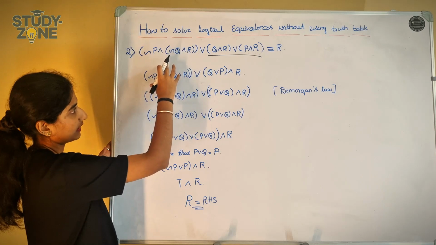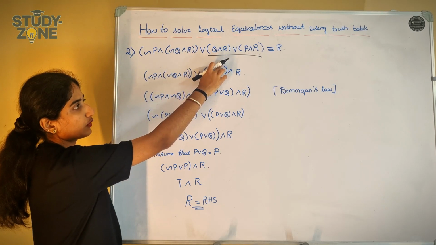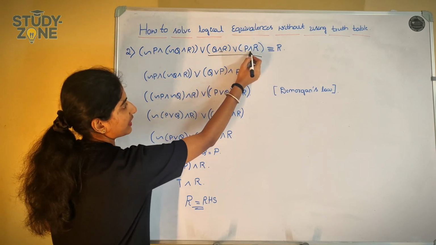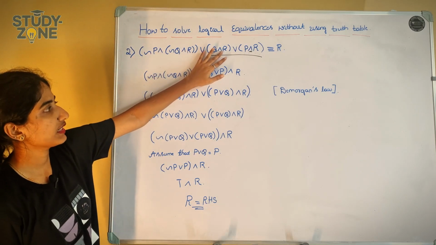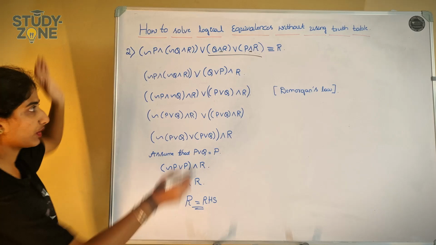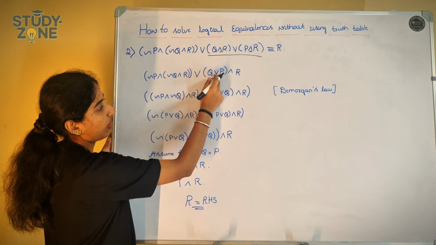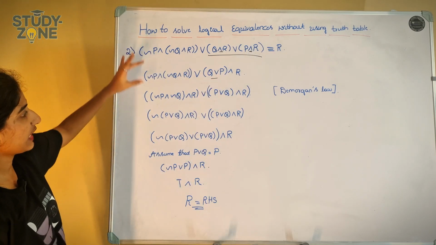We have to write the first term as it is. In the second term, what we have to do is, look at this. Here we also have the same symbol. Since both have R, we can take this R as common. So here Q or P, look, Q or P and R. Done. So this one as it is.